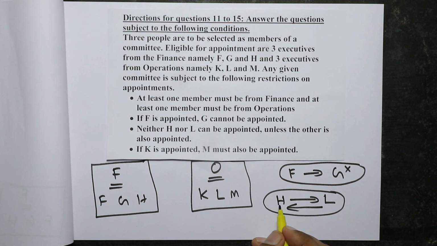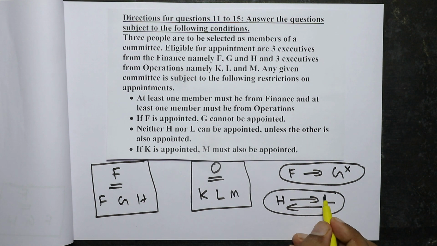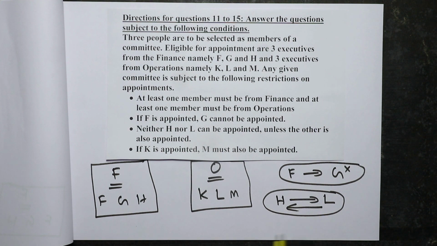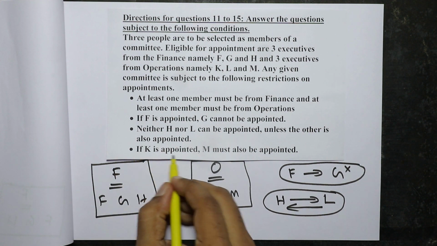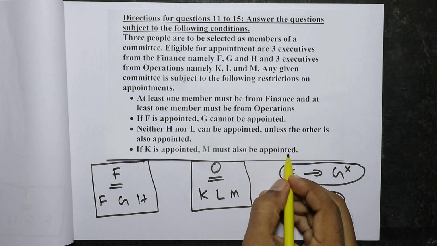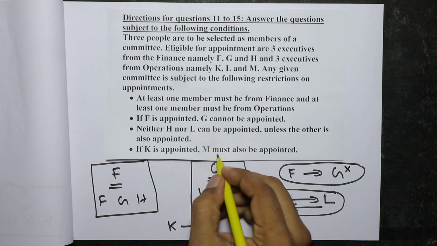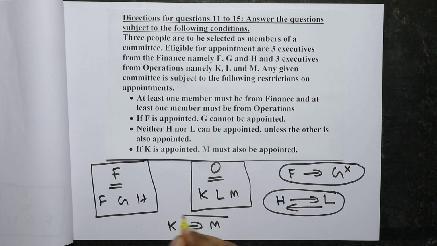Only requirement is that if H has been appointed, then L should also be there, and if L is there, then H should also be appointed. Anyone alone cannot be appointed. And finally, if K is appointed, M must also be appointed. Now we have got all the information. We'll start now.